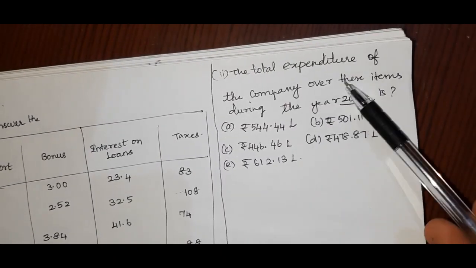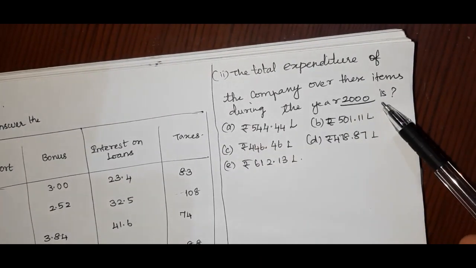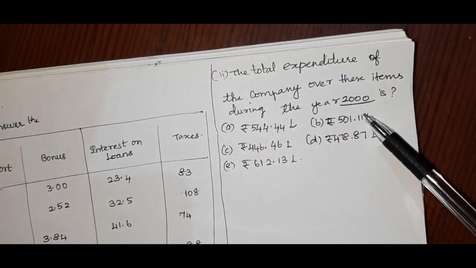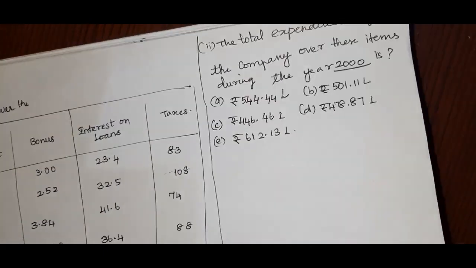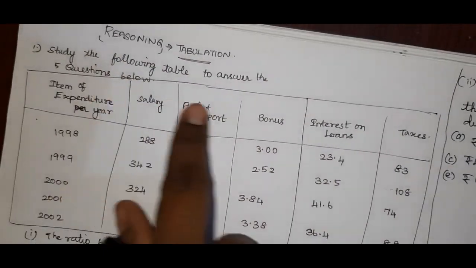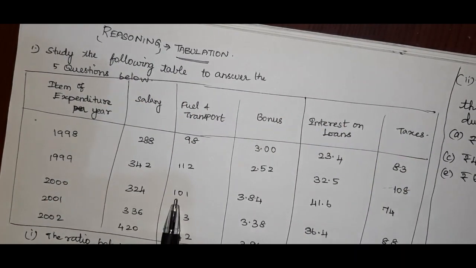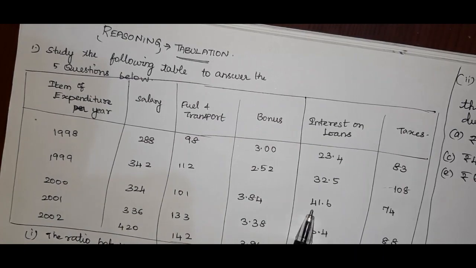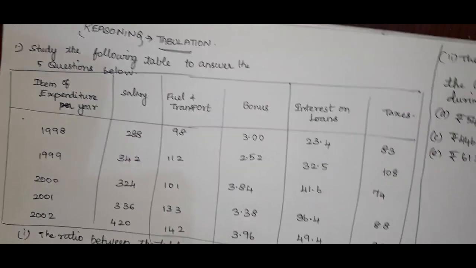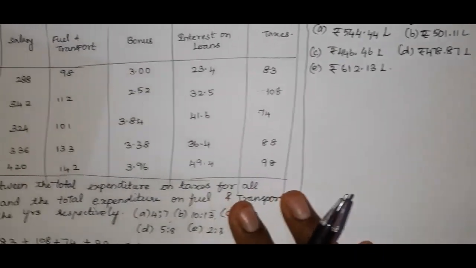The total expenditure of the company over these items during the year 2000. So we have to find the total amount the company spent on all these items during the year 2000. Okay, so we have to add all these: 324, 101, 3.84, 41.6 and 74. So let's do this and find the answer.